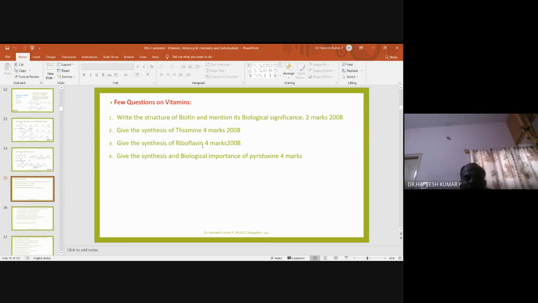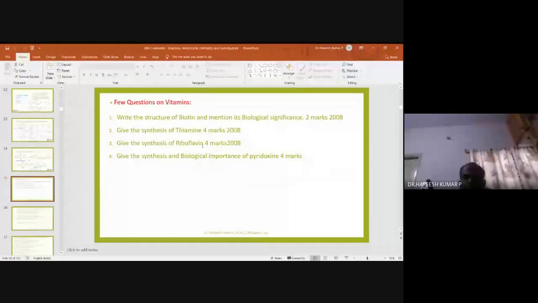Long back the Bangalore University decided that if any student writes schemes without explanation, they will give full marks. It's a long back decision, not now.